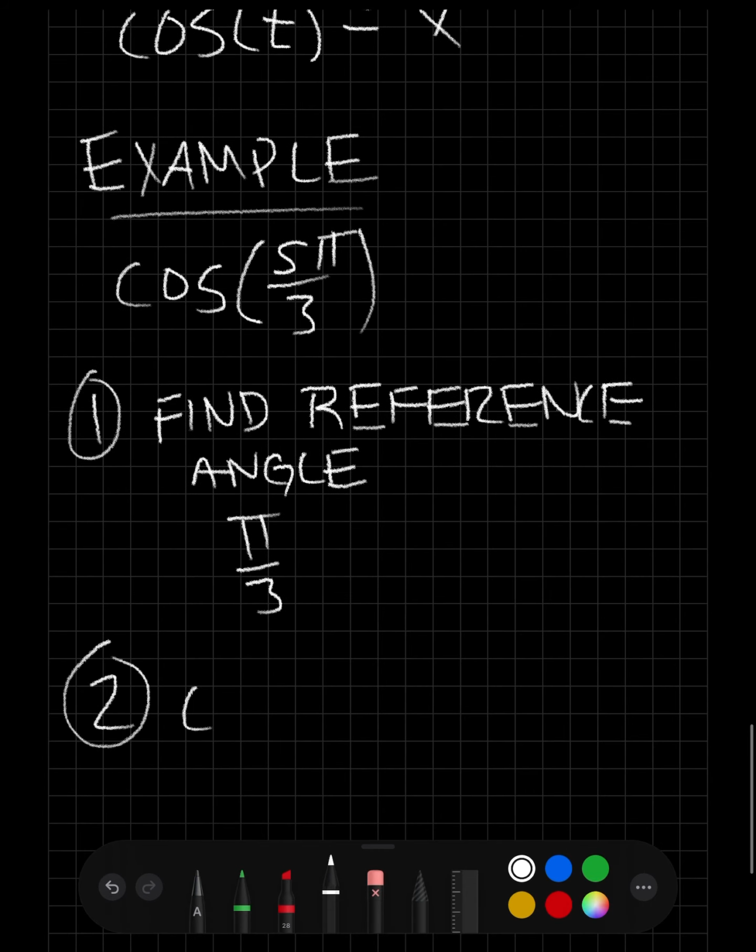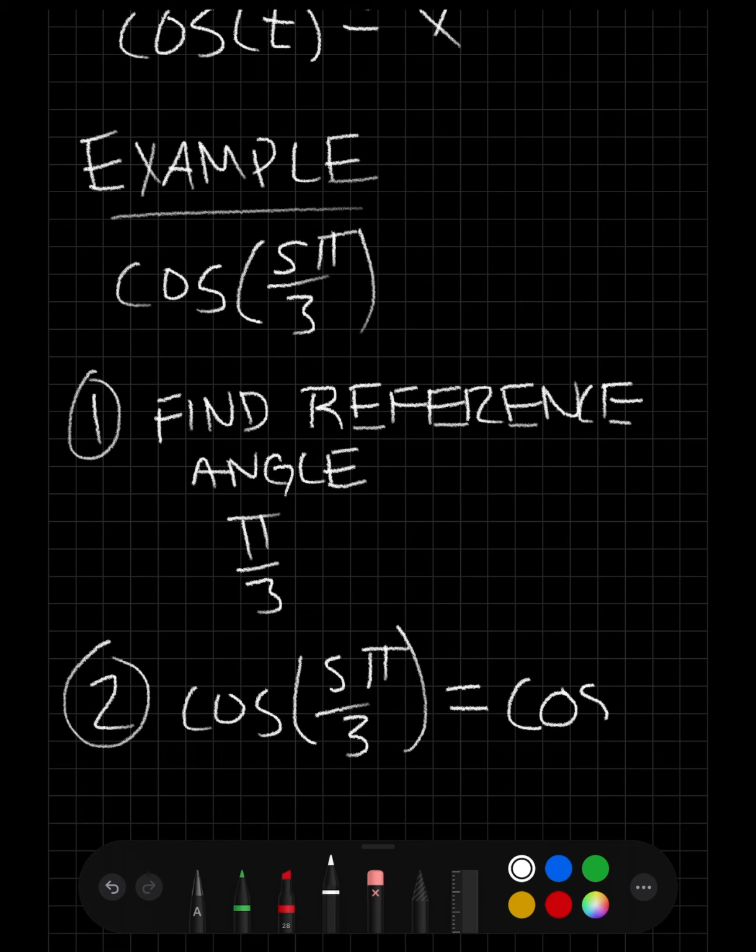And then the cosine of 5 pi over 3 is in the fourth quadrant, so I know that that's going to be equal to the same thing as the cosine of pi over 3, which is 1/2. And that's going to have a positive value.